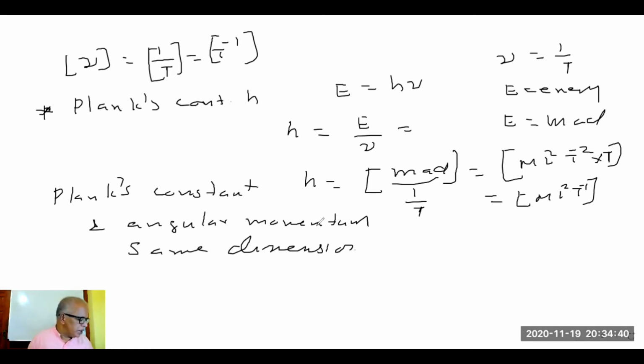Next is velocity gradient. So many portions are there. Velocity gradient is what we'll learn next. Now we'll do some problems. First question, question number 1.